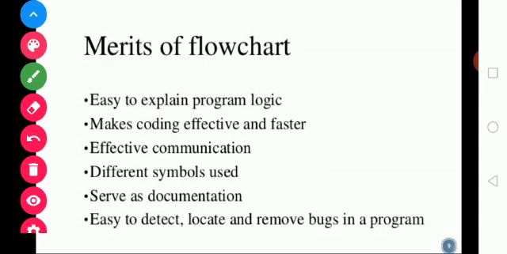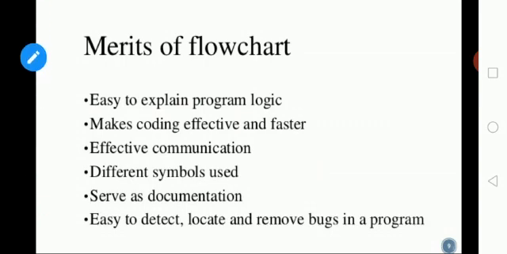Merits are the advantages and demerits are the disadvantages. First we are going to see the merits. Easy to explain program logic is the first point. Next, it makes coding effective and faster. Effective communication, different symbols used. It serves as documentation and is easy to detect, locate and remove the bugs in a program. What is meant by bugs?